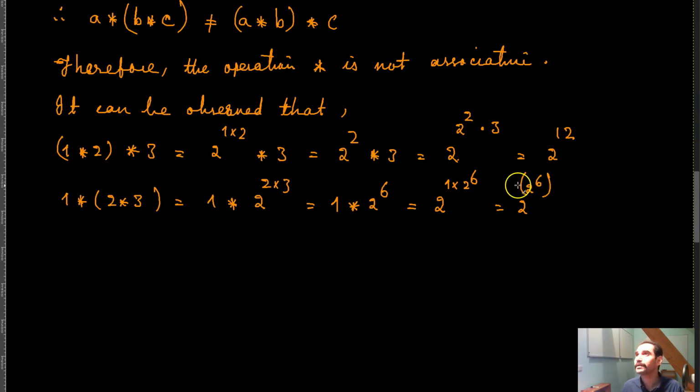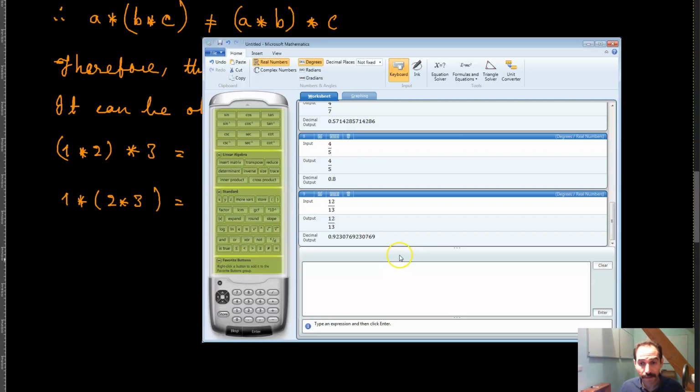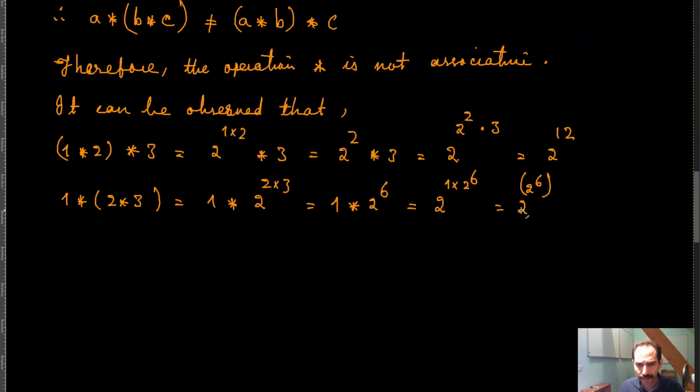Now 2 raised to the power 6 is equal to 64. So that is the same thing as 2 raised to the power 64. So here you have 2 raised to the power 12. Here you have 2 raised to the power 64. Which means that 1 star 2 star 3 is not the same thing as 1 star 2 star 3.